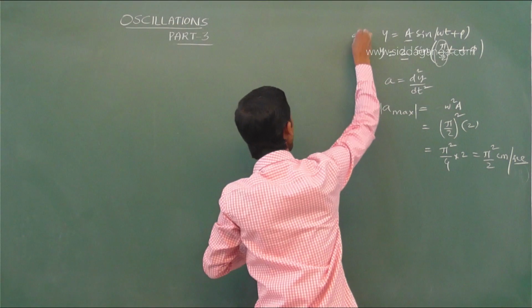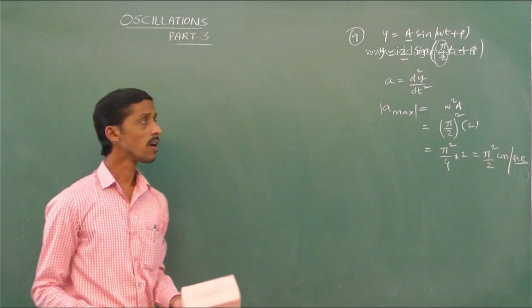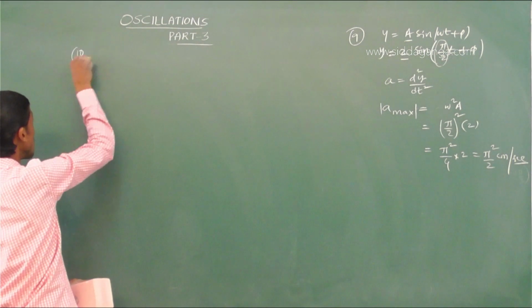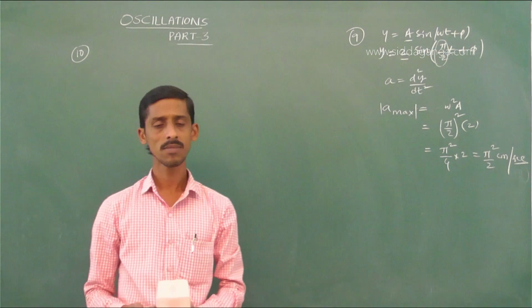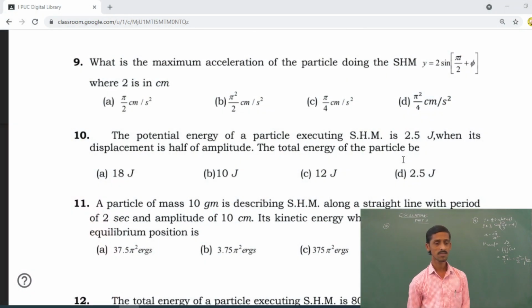This was question number 9. Next, question number 10. The potential energy of a particle executing SHM is 2.5 joule when its displacement is half of the amplitude. What is the total energy of the particle?